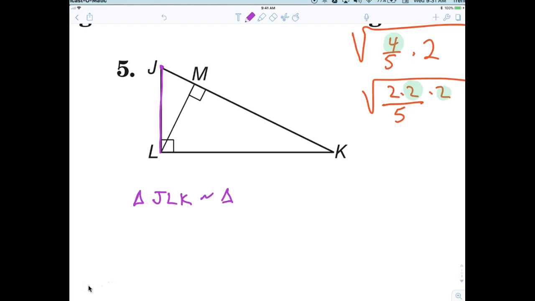I started with JL, so JL is the small leg. Does everybody agree? So now I'm going to the middle triangle, and I'm trying to find the small leg. The small leg is obviously ML, but it could also be what? LM.